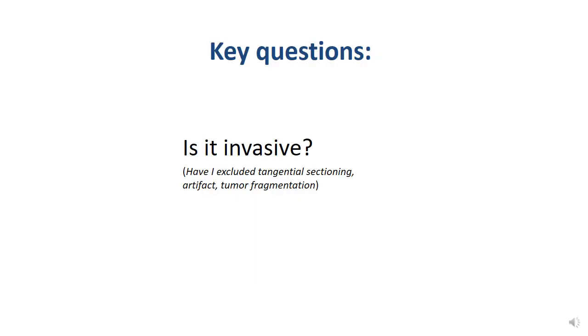My next very important question is, am I dealing with an invasive process? Have I excluded tangential sectioning, artifacts, and tumor fragmentation, particularly when I am dealing with TURBT type specimens? There are 4 features that, when present, can be very helpful to suggest that you are dealing with an invasive process. Number 1, a very helpful feature, is when you see stromal retraction and paradoxical maturation.